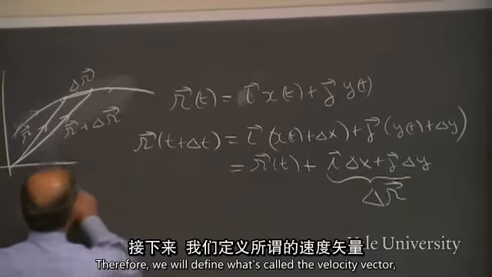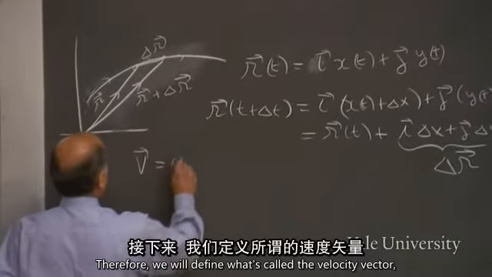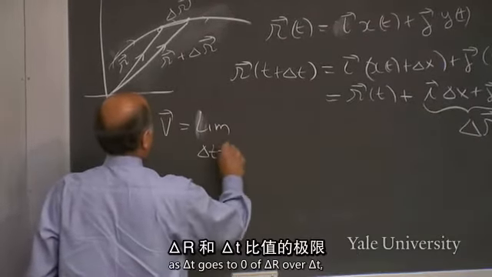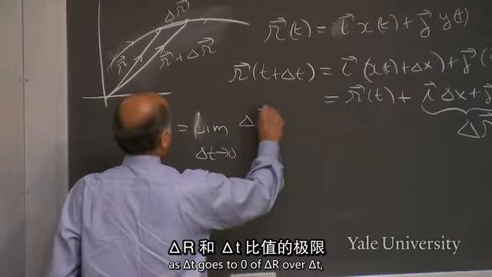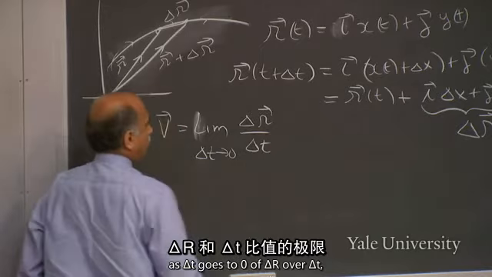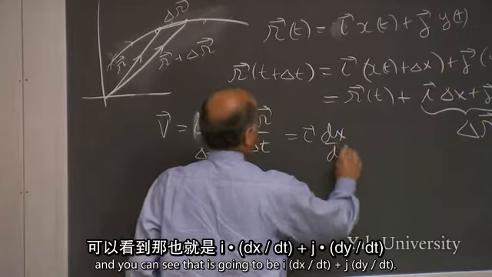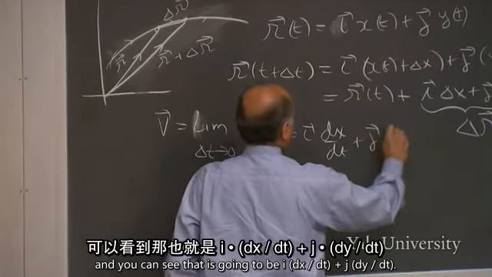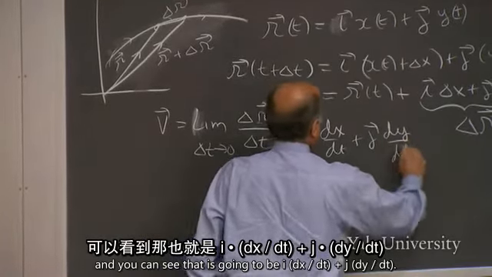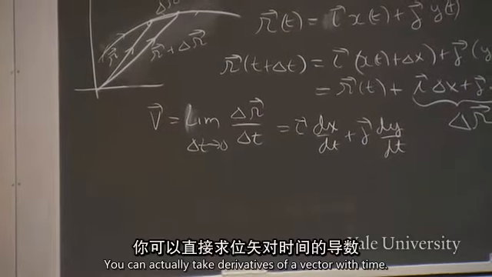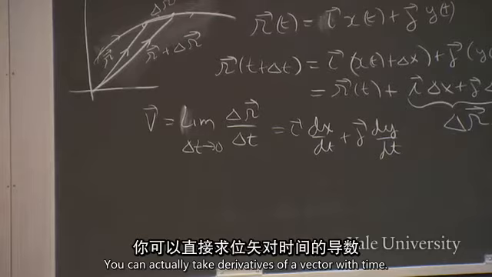Therefore, we will define what's called the velocity vector, which is, if you want, the limit as delta t goes to 0 of delta r over delta t. And you can see that is going to be i times dx dt plus j times dy dt. So you can actually take derivatives of a vector with time.